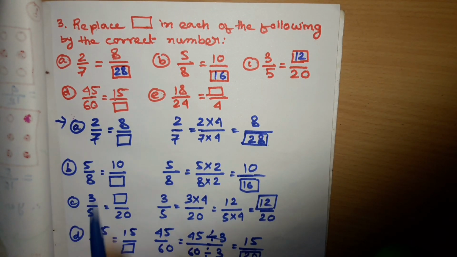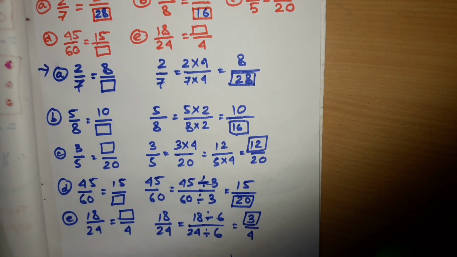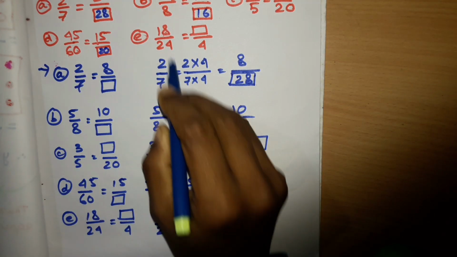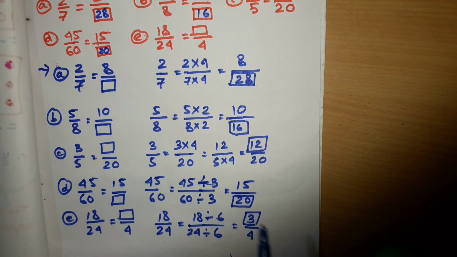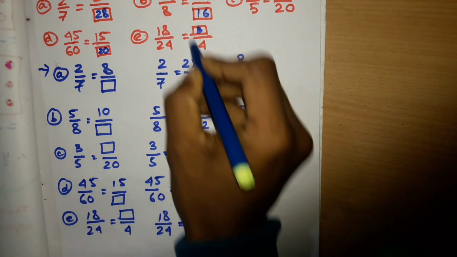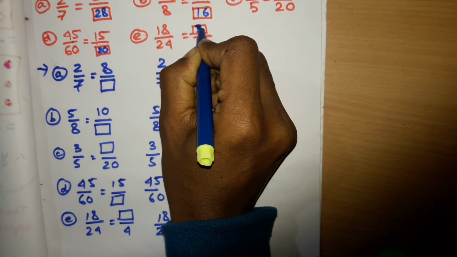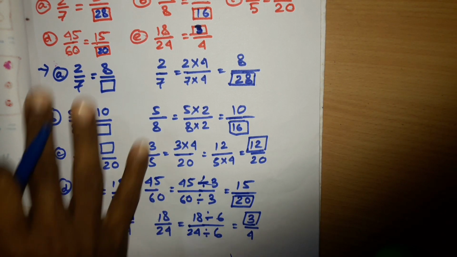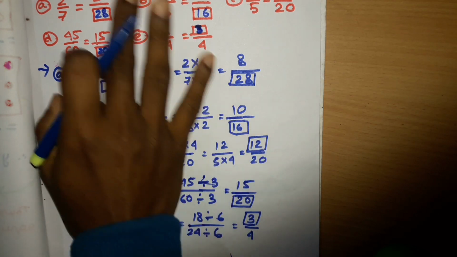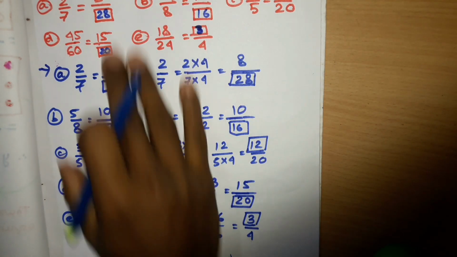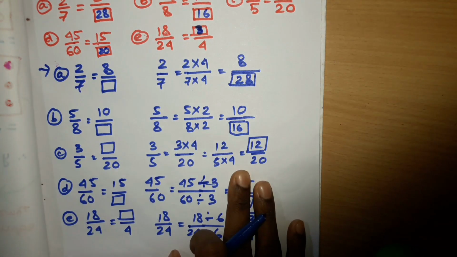At number D we are getting 20. And at number E we are getting 3. So this I am just showing. In the exam you just do this one. So eventually we have successfully filled up all the blank spaces.